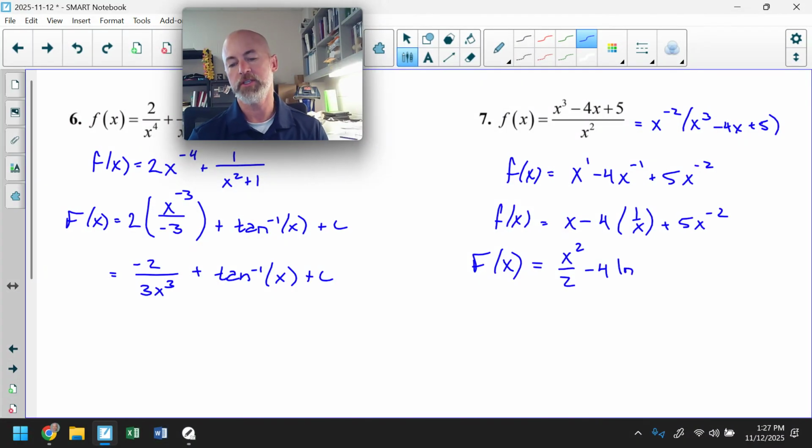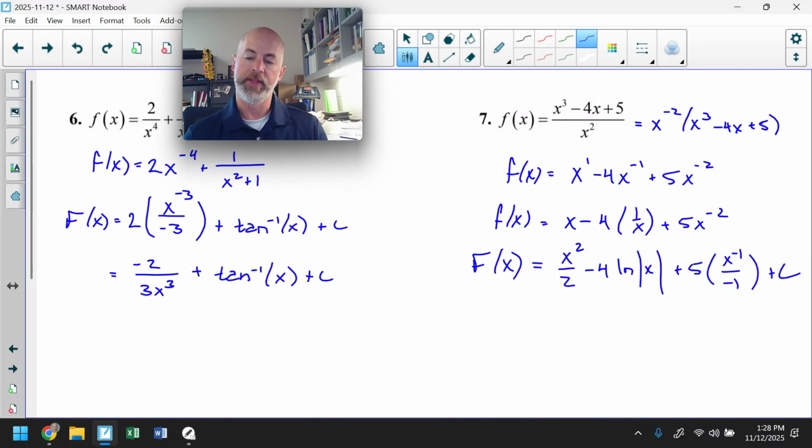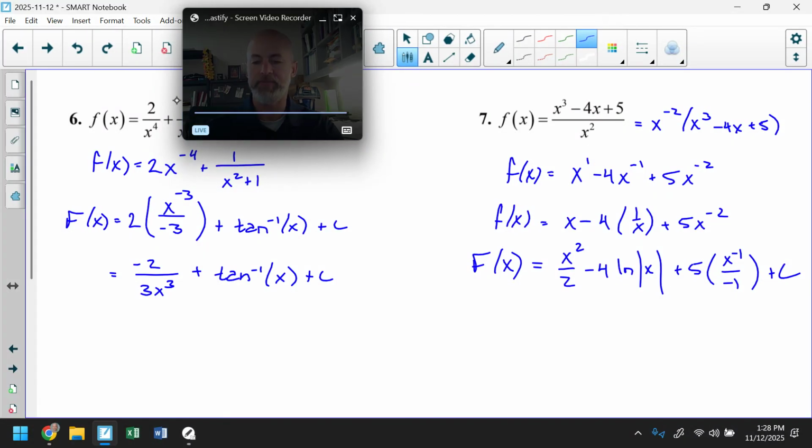That's your natural log situation. And don't forget the absolute values to preserve the domain of the original little f, plus 5 times negative 2 plus 1 is negative 1 over negative 1, divided by that new exponent, and then put plus C. And for this one, I'm not going to simplify that any. You can make this negative 5 over x if you want.